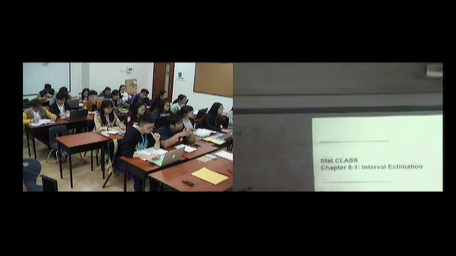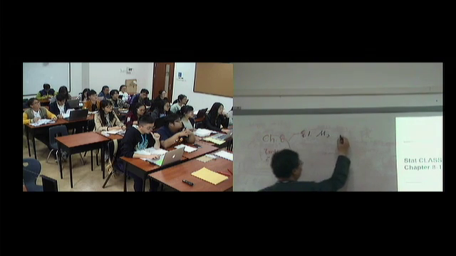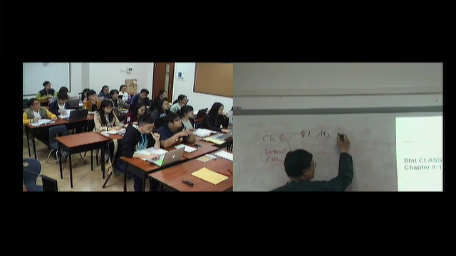So 8.1: population mean, mu. What's the chapter title? Population mean, sigma known.